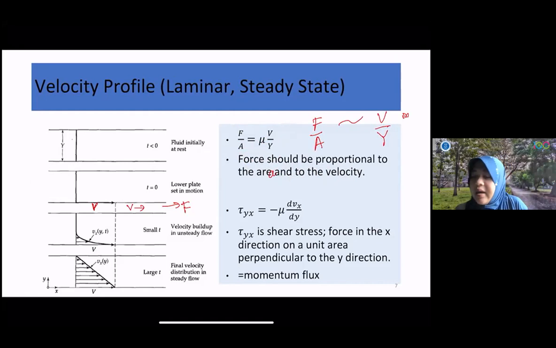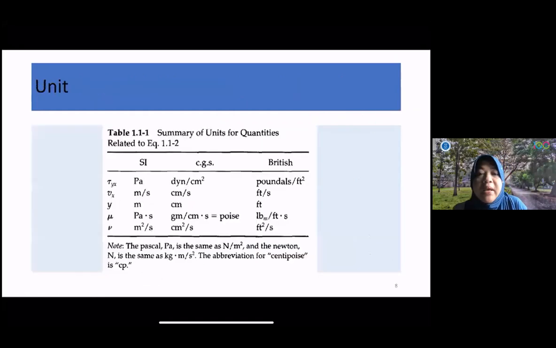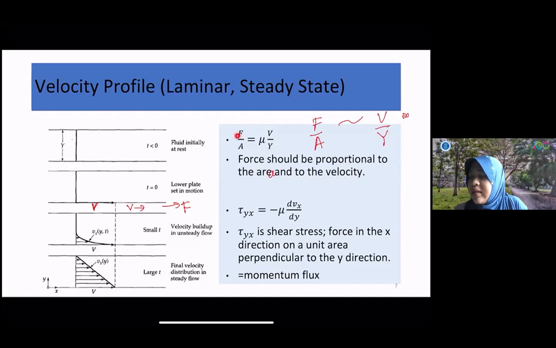This F divided by A is written as stress. If you remember, F divided by A is actually pressure, force divided by surface area is pressure, but we also call it stress, as you may remember from construction materials.